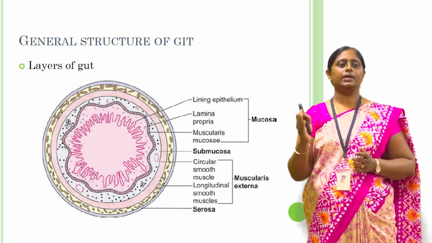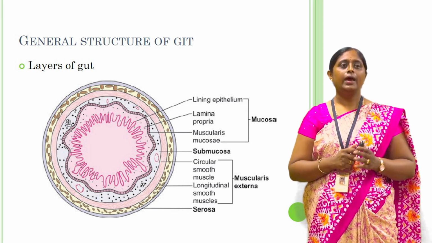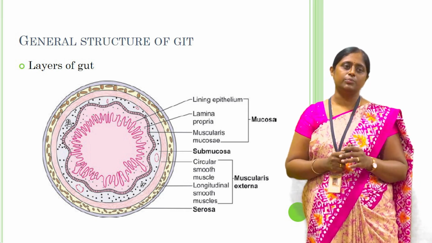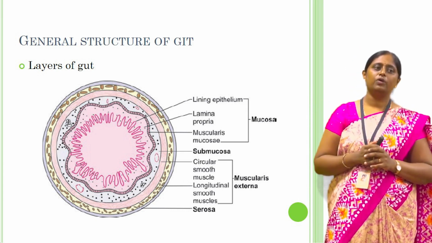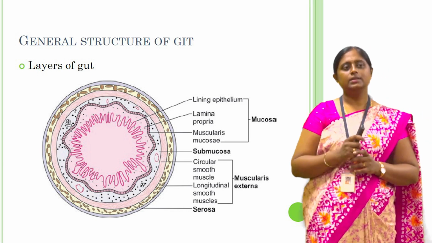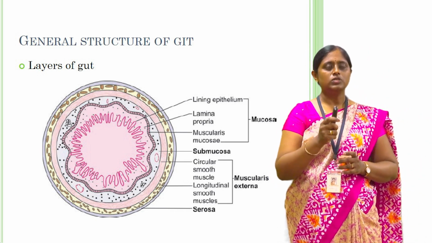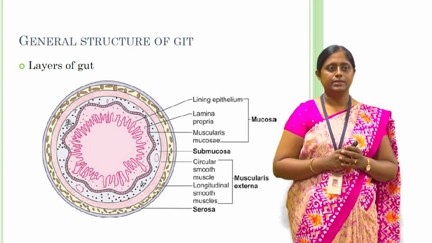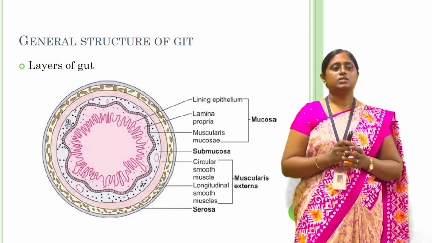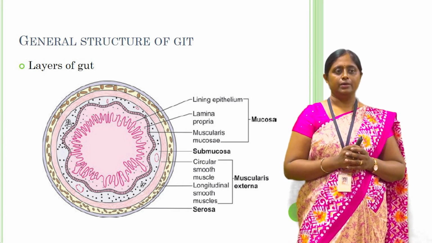The next layer to the mucosa, we call the submucosa layer. And the next layer to the submucosa, we call the muscularis externa, which is made up of circular smooth muscle as well as longitudinal smooth muscles. And the outermost lining that surrounds and protects this gastrointestinal tract, we call the serosa layer, or we also call it the adventitia layer.